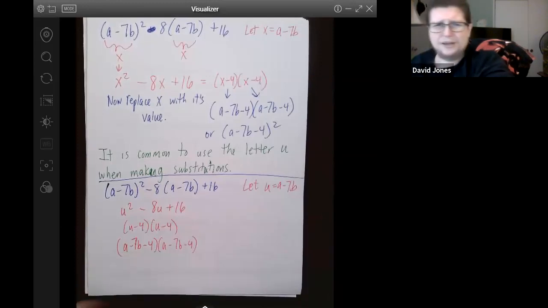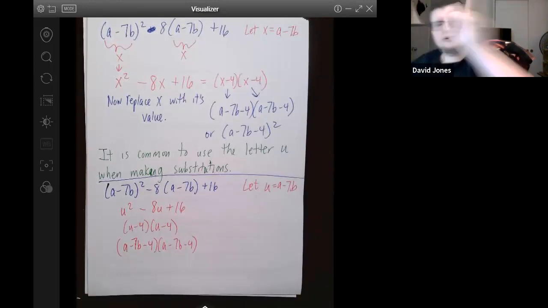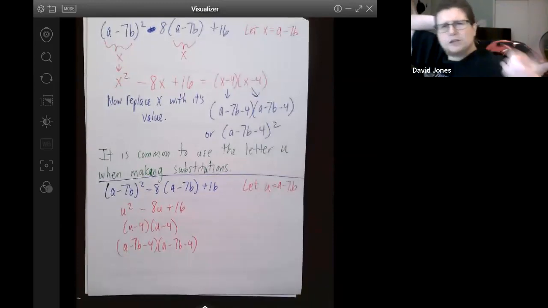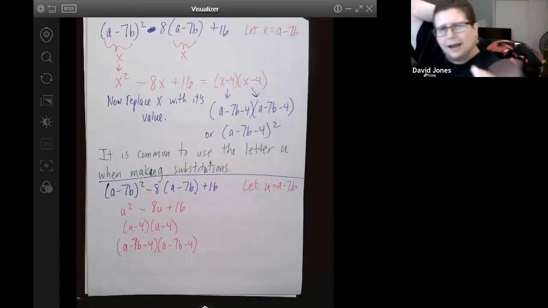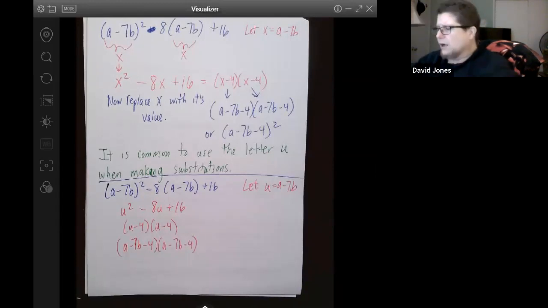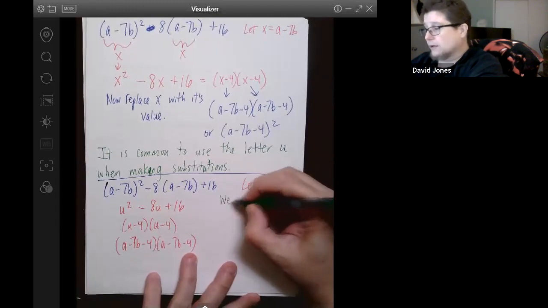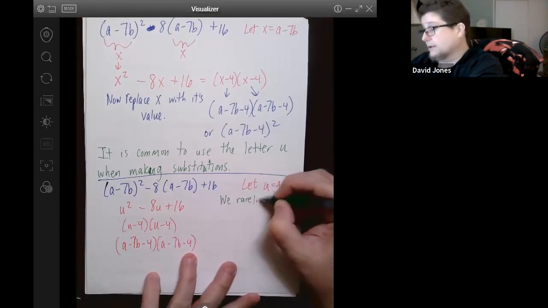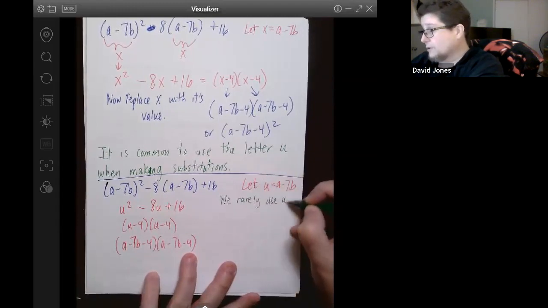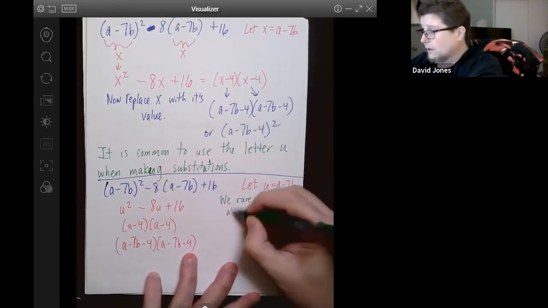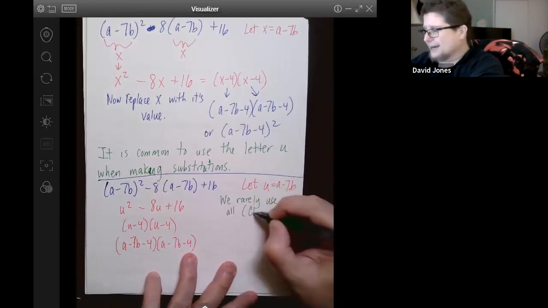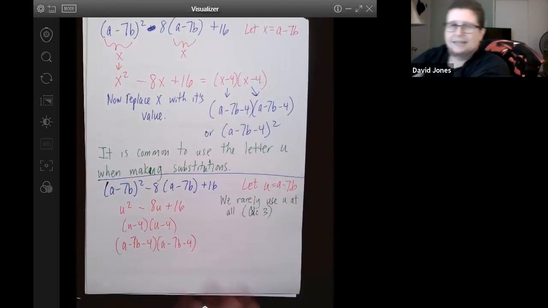Now you go, why U? Why the letter U? And here's a good reason, and I don't think I've ever explained this to a student. I don't think anyone ever explained it to me. But thinking about it right now, we rarely use U at all. In fact, you got to get up to like Calc 3 and stuff like that before you start using U for things.